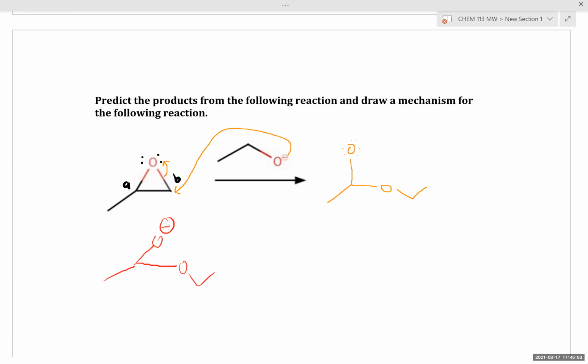So if we attack carbon B, we'll generate an alcohol and an ether, right? So both of these structures need one more carbon. Does that make sense?